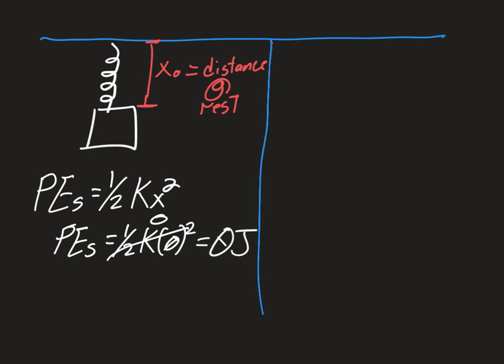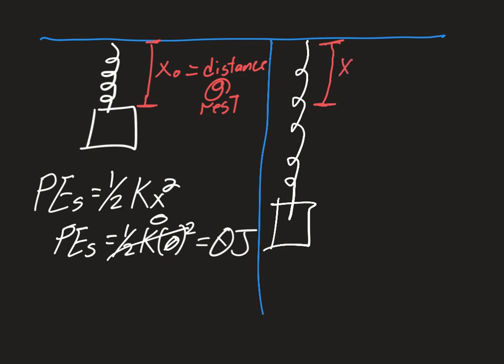Now, that being said, you can then have that spring sprung out. After it gets sprung out to a certain distance, so if this was at rest, that's x naught, you would then measure the distance that it's moved.